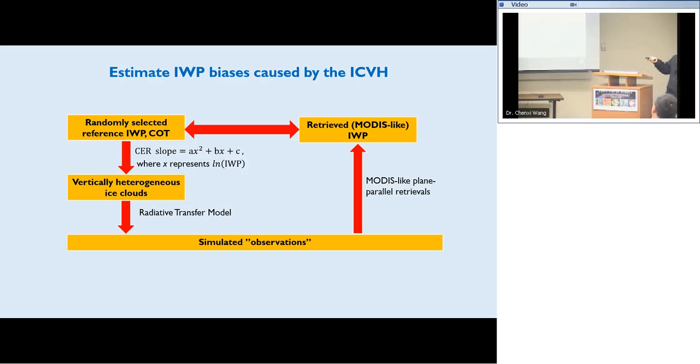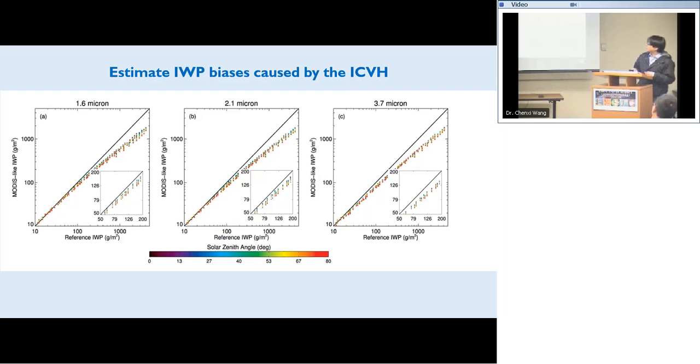And then we put them into the radiative transfer model and get the simulated observation, and then conduct MODIS-like retrieval by assuming the cloud is homogeneous and get the biased retrieved IWP. And we get this. So we can repeat this process again and again using different IWP and COT pairs and using different geometry.